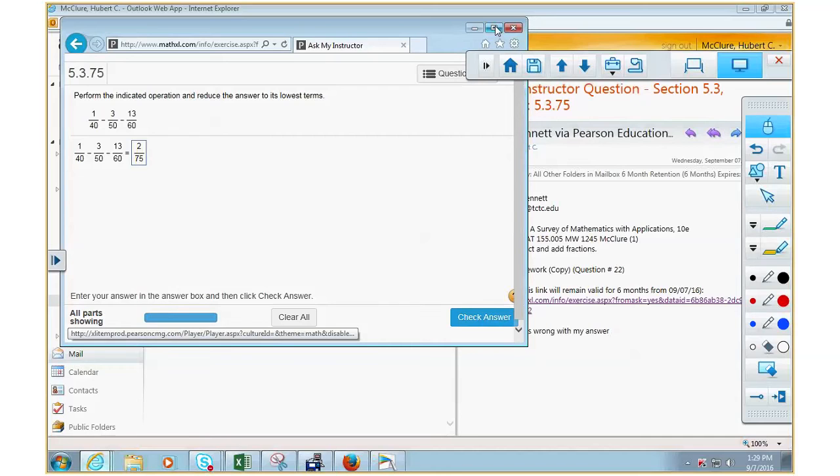Anything having to do with fractions is going to be on the test. And the more complicated the fractions are, the more it's going to be on the test. Because if they flunk my class, I want everybody to be able to do fractions because you're going to see them in other applications. So this one says 1/40 minus 3/50 minus 13/60.